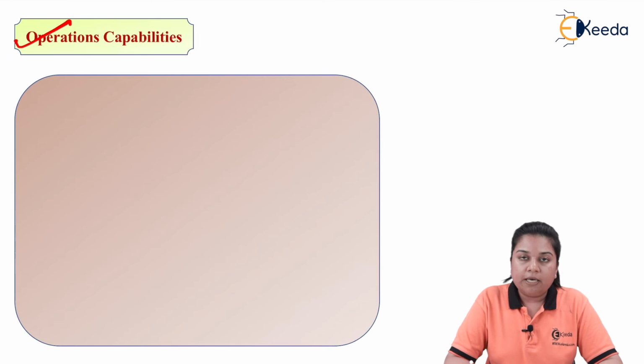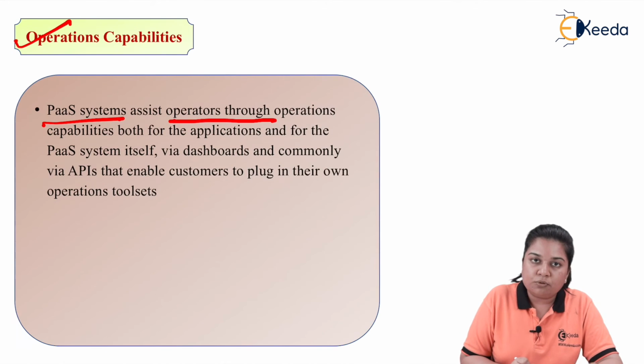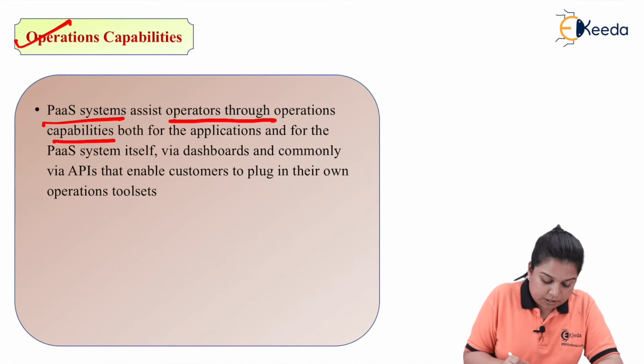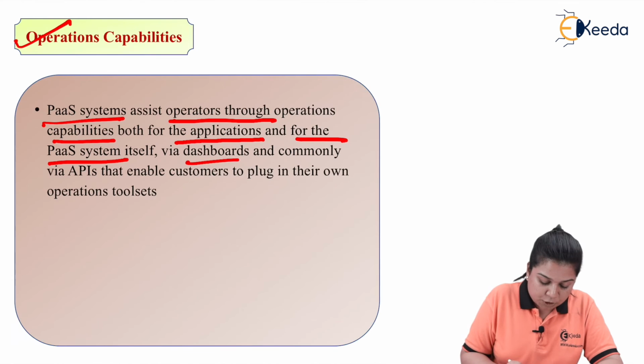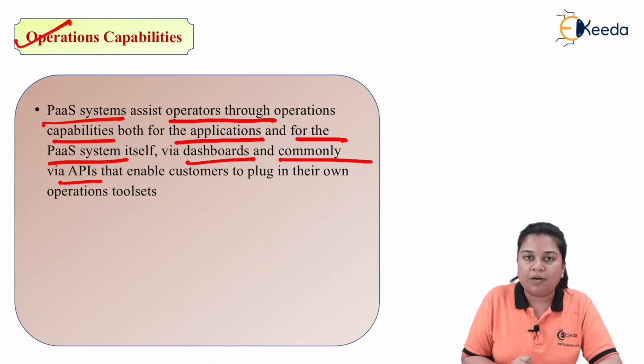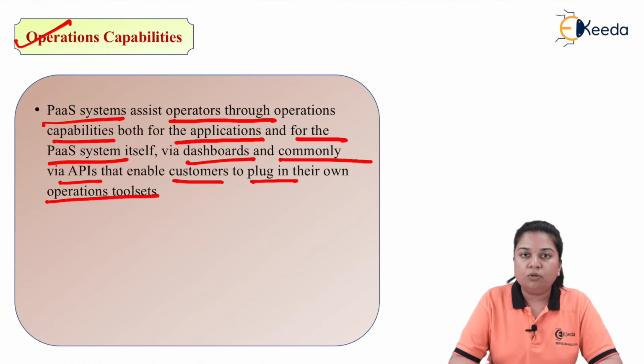Another characteristic here is operations capabilities in platform as a service systems. Here, PaaS systems assist operators through operations capabilities both for the applications and for the PaaS system itself via dashboards and commonly via APIs, that means application programming interfaces, that enable customers to plug in their own operations toolsets.